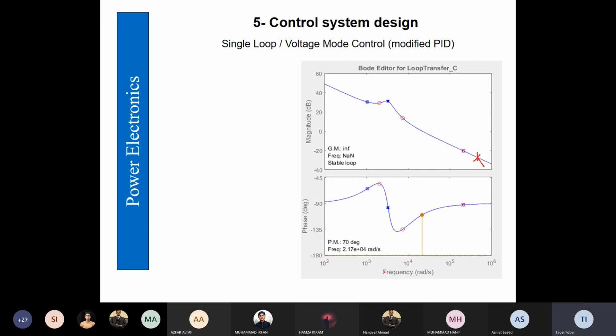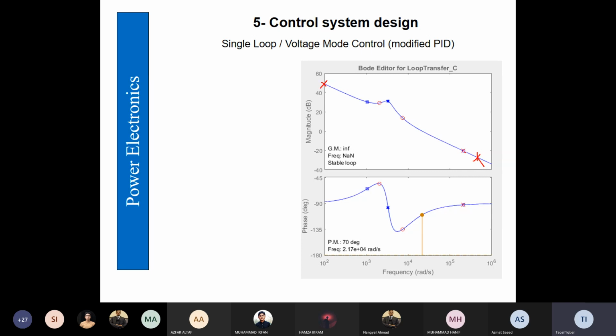I'll skip that because I'll share the slides with you so that you can study it in detail. So we have one integrator pole at 0, two zeros near the resonance frequency, and two poles at higher frequency.